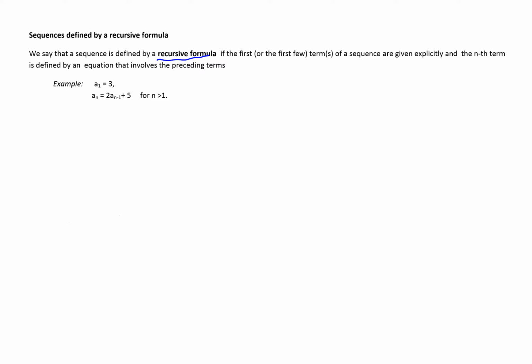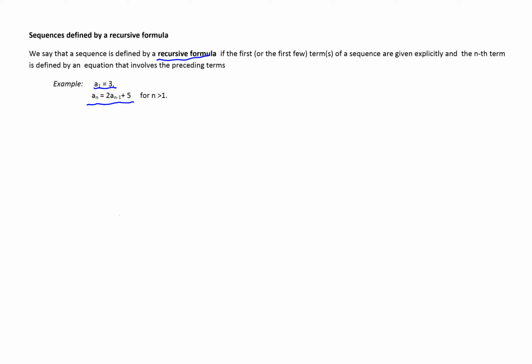In the example, we have the sequence a sub n for which the first term is given and is equal to 3. And then we have an equation that tells us how to compute the term a sub n. But as you can see, the value of a sub n depends on the value of a sub n minus 1.